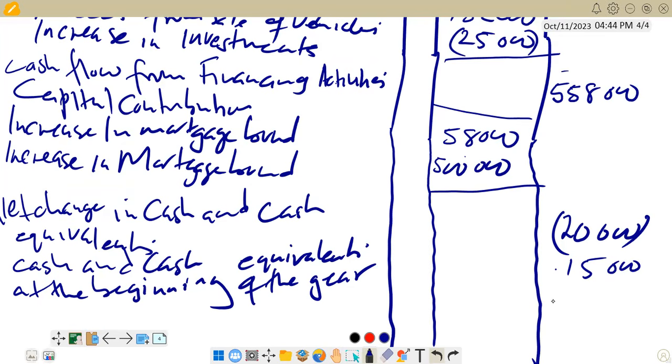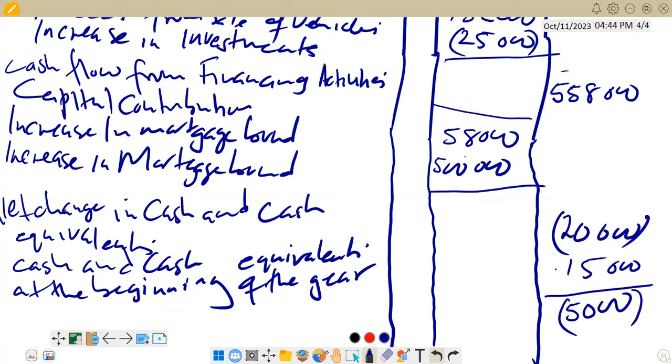Then when we say net change in cash and cash equivalents plus cash and cash equivalents at the beginning of the year, you get the figure for cash and cash equivalents at the end of the year. But here we've got a negative figure, so we're going to say negative 20,000 plus 15,000. Then you get a negative 5,000.